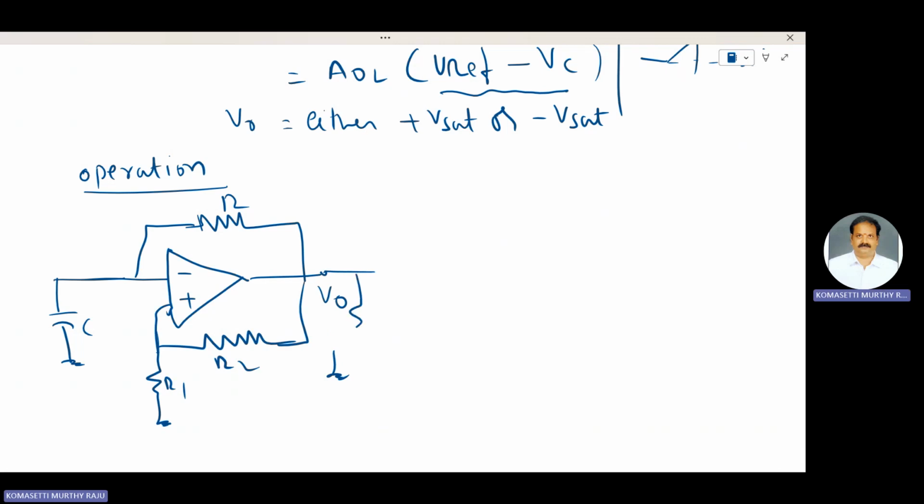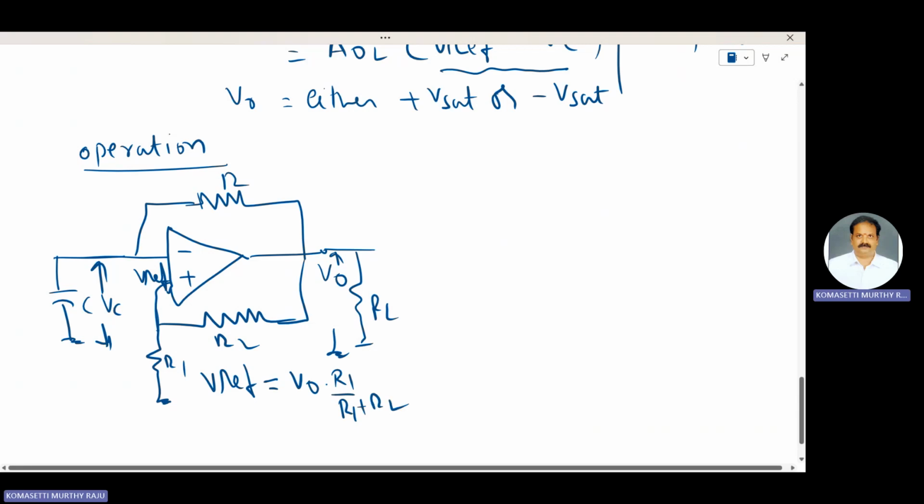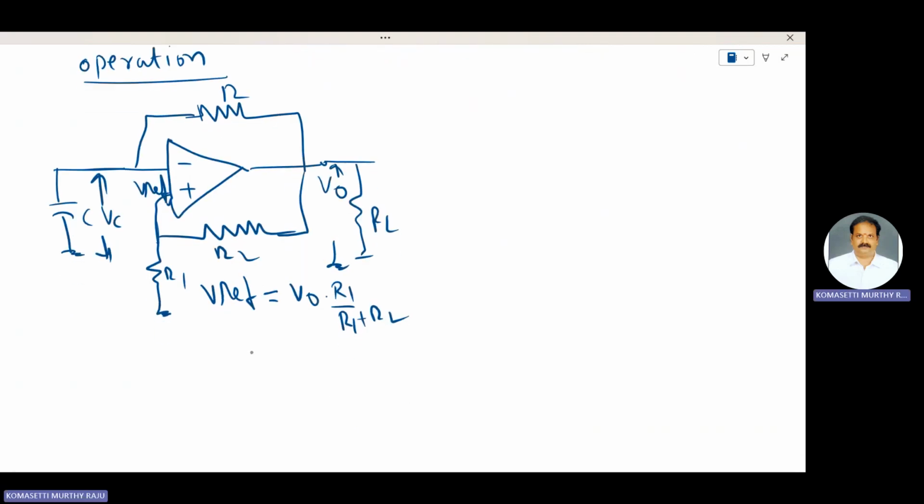For simplicity, RL is also connected here. This one is V0, this one is VC, and this one is V reference. V reference is equal to V0 times R1 by R1 plus R2, that is, V0 times beta.